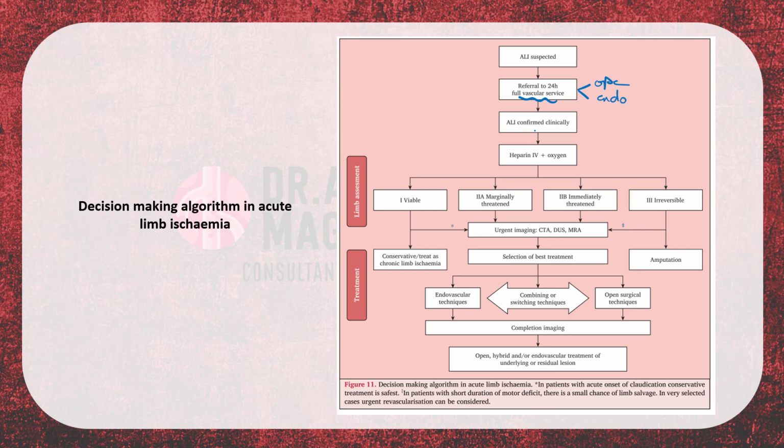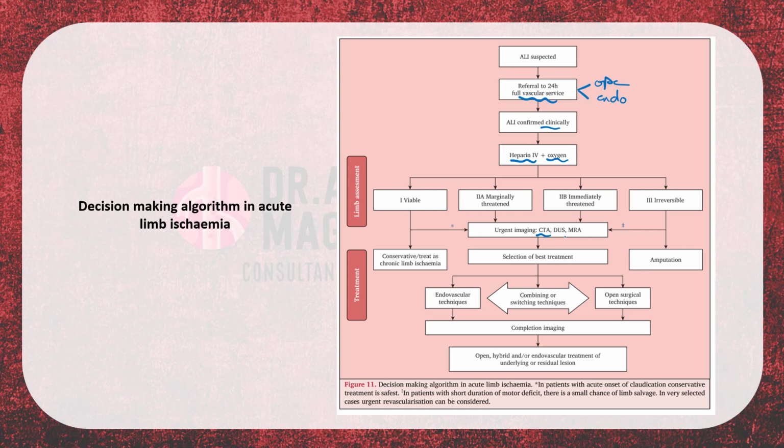If acute limb ischemia is confirmed clinically, we should immediately start heparin plus oxygen plus analgesia, and then put the limb in the Rutherford categorization: 1, 2A, 2B, or 3 irreversible. According to this categorization, we can either do a conservative treatment as in chronic limb ischemia, or do urgent imaging.